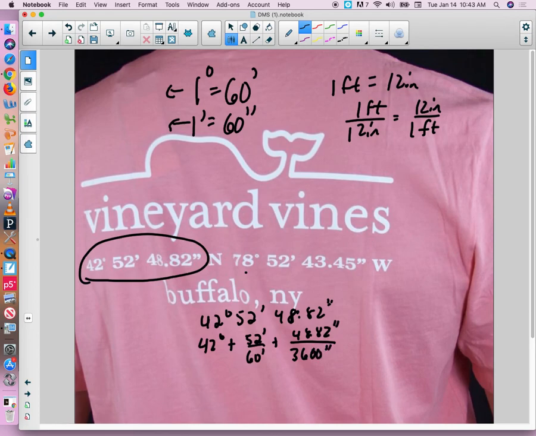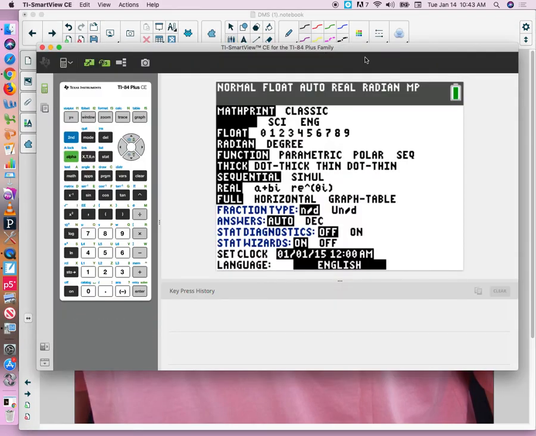So what happens is if you take 52 minutes and divide it by 60 minutes, do you see it'll give you the correct decimal? So try that. Get out your calculators, and I'll get one out too.